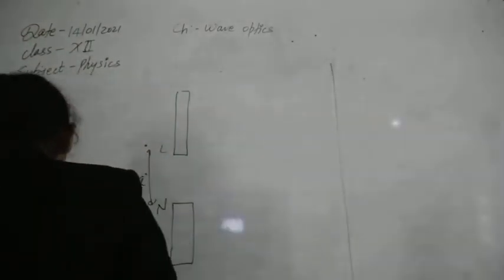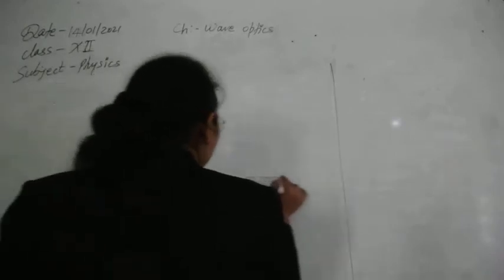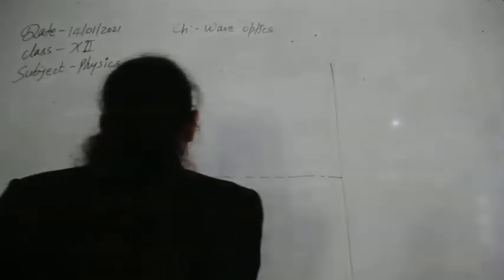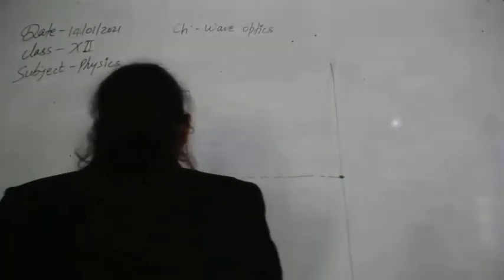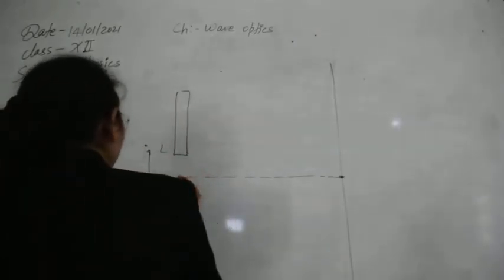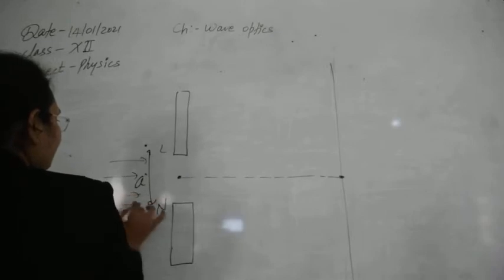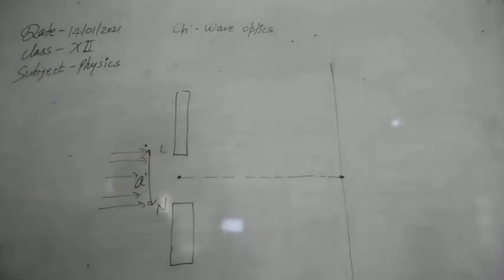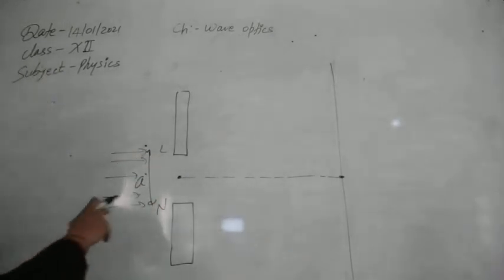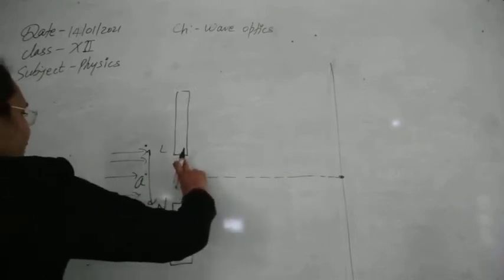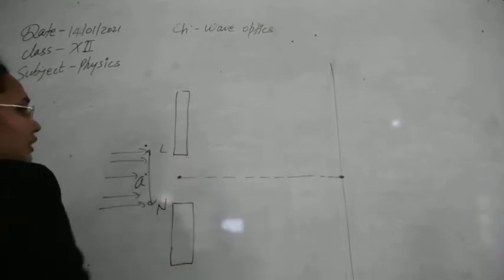Now let us suppose here this is our central point. The light waves are coming from all directions, but suddenly they find that only this space is available to move through.